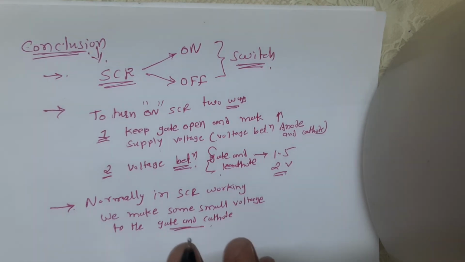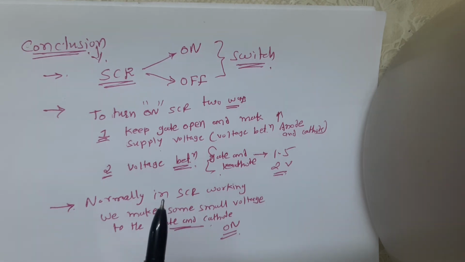This is the normal way of operation to switch on the SCR. To close an SCR, that means to switch on the SCR, because the breakover voltage is usually much greater than the supply voltage.